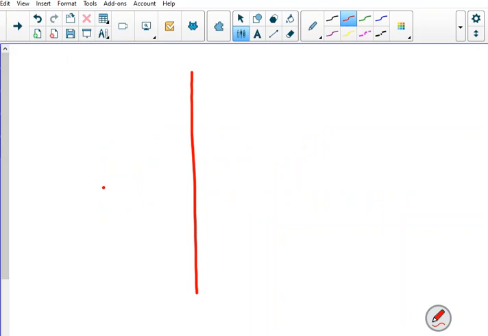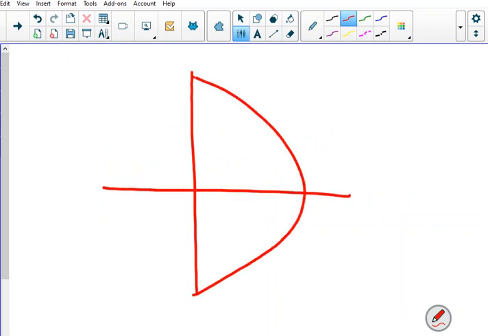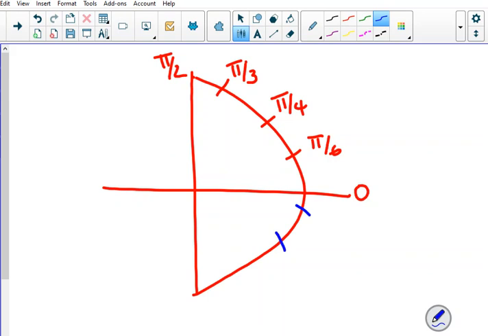So if we talk about that side of the unit circle, where in quadrant 1 we have pi over 6 and pi over 4 and pi over 3 and pi over 2 and 0, the negative versions are negative pi over 6, negative pi over 4, negative pi over 3, negative pi over 2.